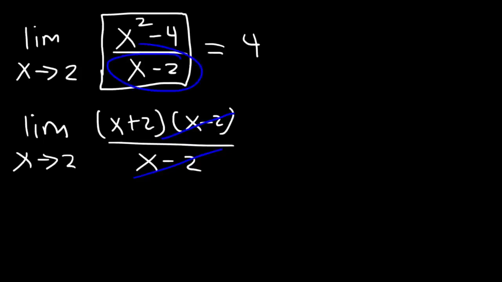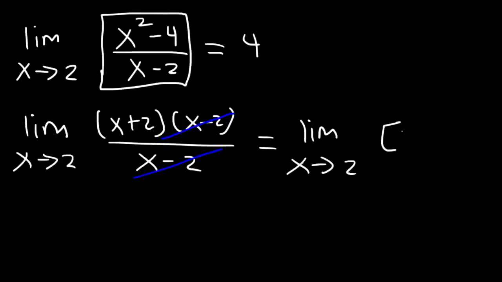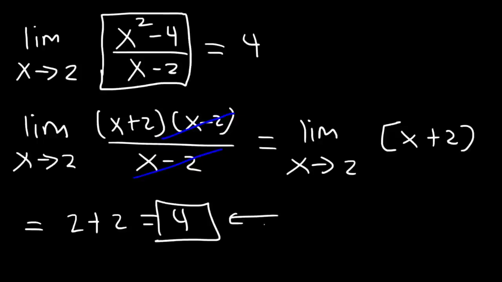When this term is gone, we can now use direct substitution, because the x minus 2 factor was giving us a 0 in the denominator, which we don't want. So now all we need to do is find the limit as x approaches 2 of x plus 2. Now we can replace x with 2, and 2 plus 2 is 4. And so that's the limit. It approaches a value of 4.